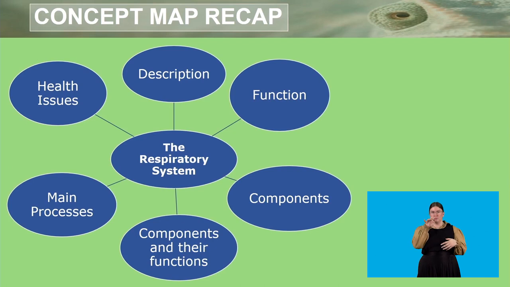We know the function of the respiratory system, and we know of the different components, from the organs that are also separated into airways and passages, and we also learned the different features or functions of these components, and also saw how they are structurally adapted to perform their function.